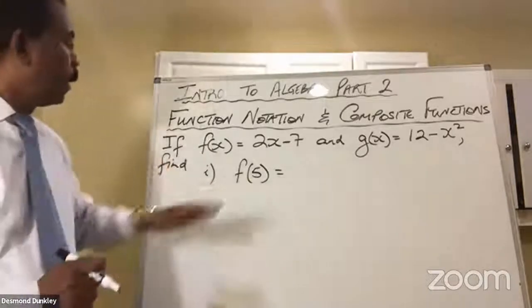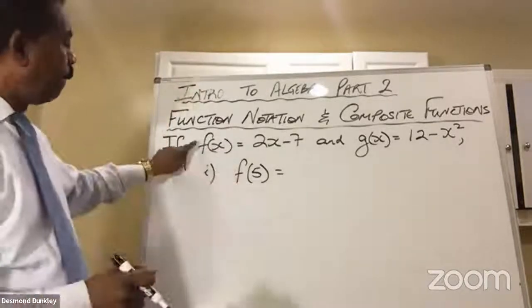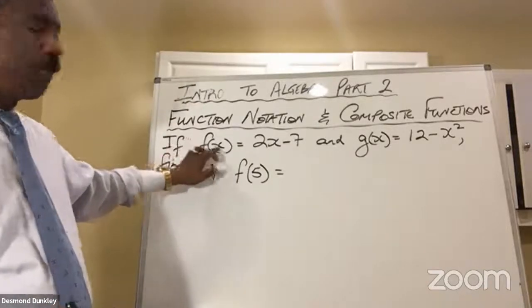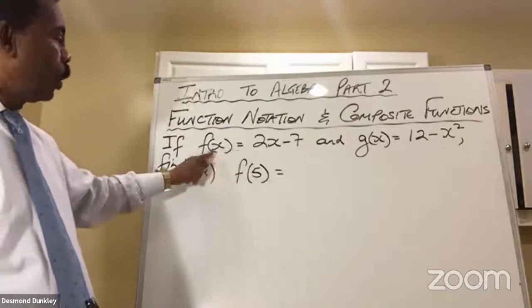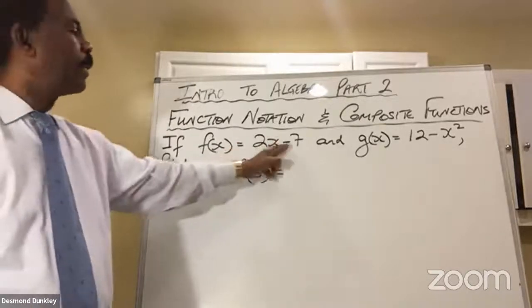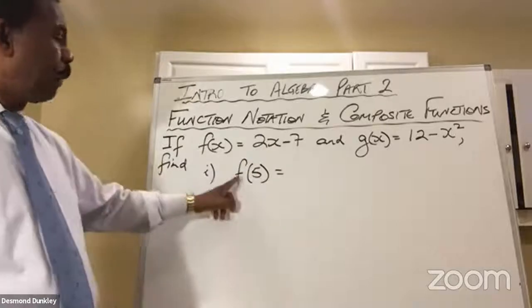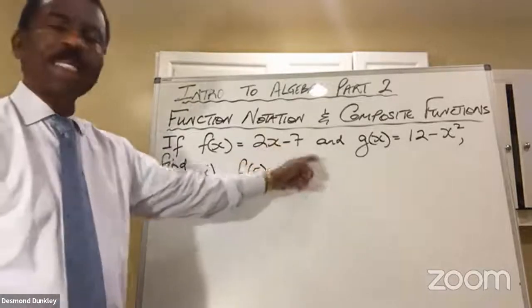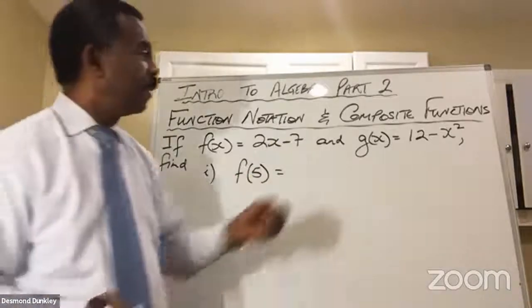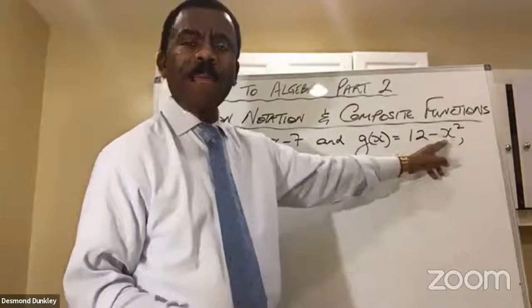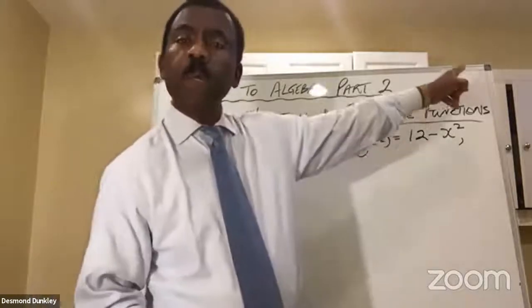Here's what you do. You're being told that f is a function of the variable x, or f of anything is the same as double what's in the parentheses, and subtract 7. So when I give you f of 5, you need to double 5 and subtract 7. That's all it is. G of anything is equal to 12 minus whatever is here squared.